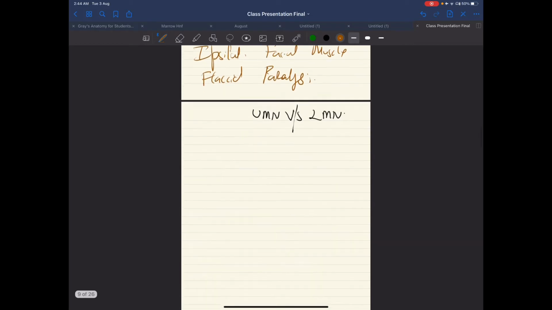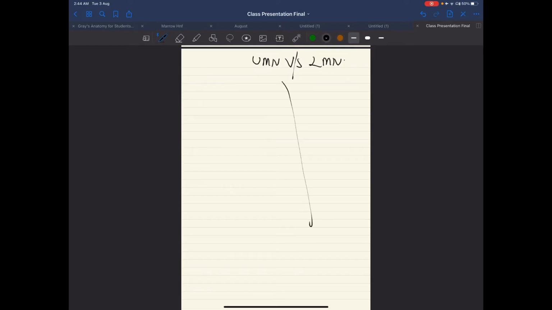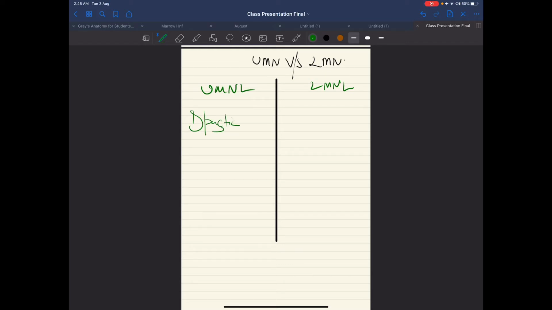Okay, just to sum it up: upper motor neuron lesion, lower motor neuron lesion. Spastic paralysis. Okay, let's just talk. Which paralysis? Spastic. Which paralysis?